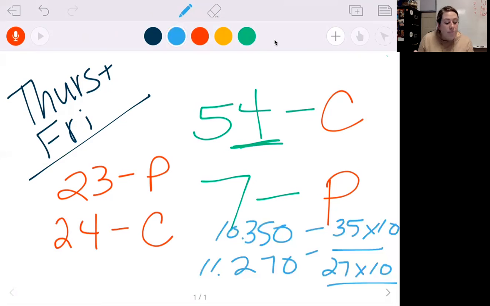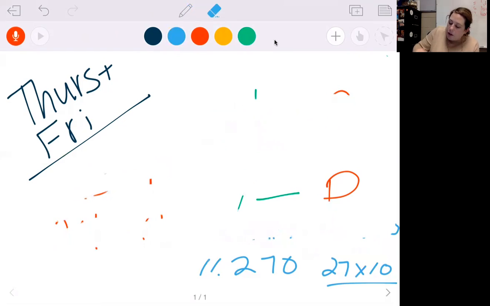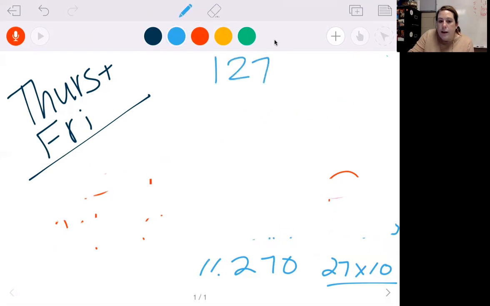You might have bigger numbers where you're going to have to do some guess and check to see which factors make it up. This is where divisibility rules come in. If you look at a number like 127 and they want us to make a factor tree with it, I know that it doesn't end in an even number, so I can't do something times 2.